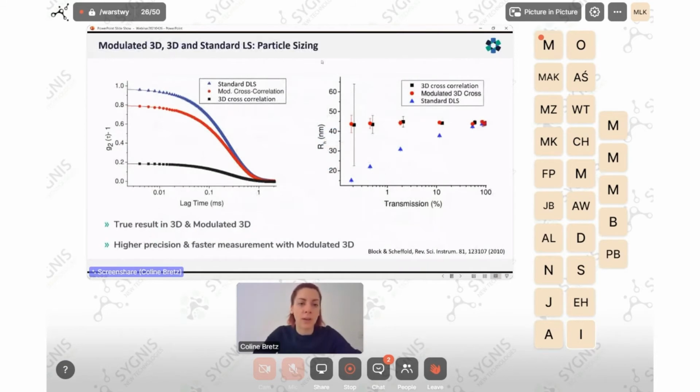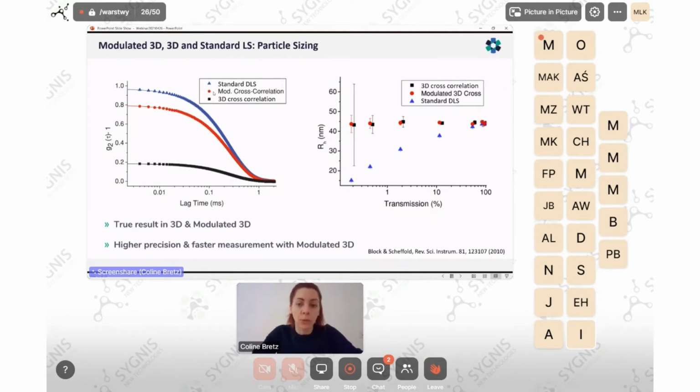And this is what we have in standard DLS. Again, we have high signal. In 3D cross-correlation, we have accuracy, but somewhat low signal. And when we have modulated 3D cross-correlation, we have high signal and accuracy.